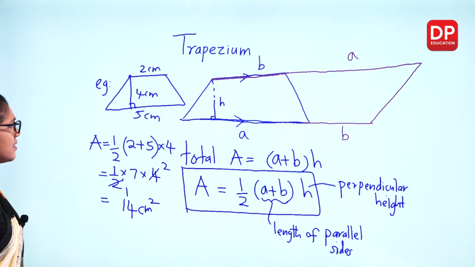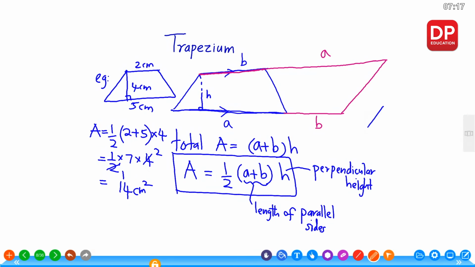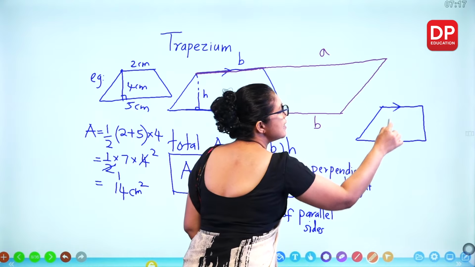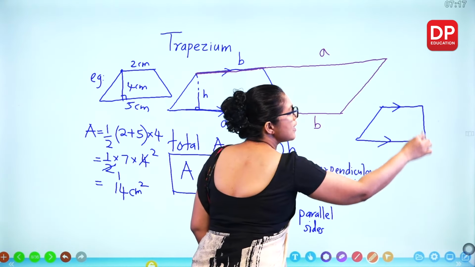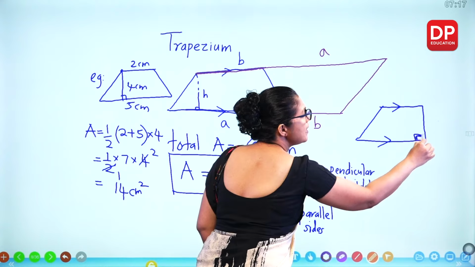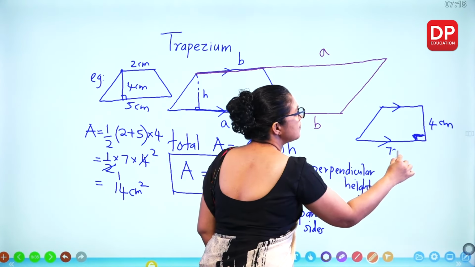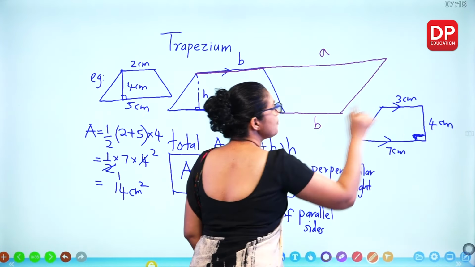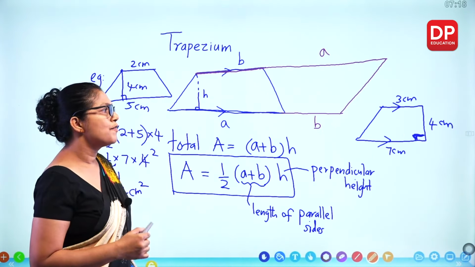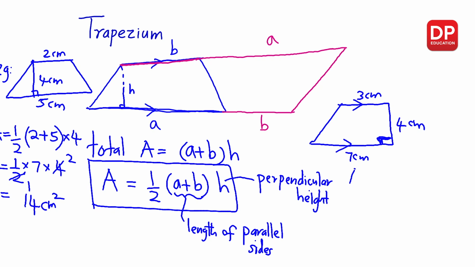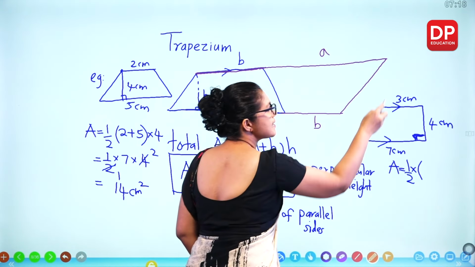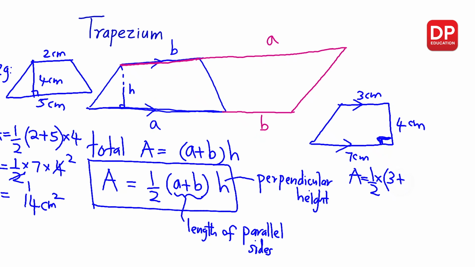Now we'll take another trapezium with a different shape. This is also a trapezium, a 4-sided figure, and only 2 parallel sides are there. So here this is the perpendicular height as well. It's given as 4 centimeters, this is 7, this is 3. How can we find the area of this trapezium? So you can use A is half times the two lengths, 3 and 7.